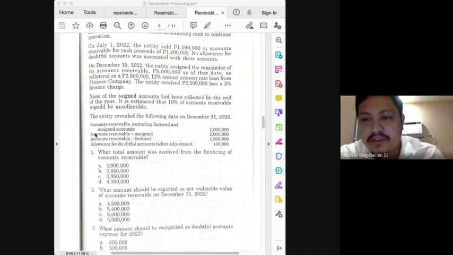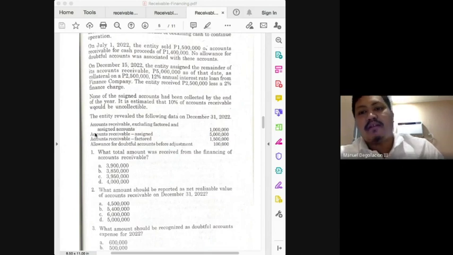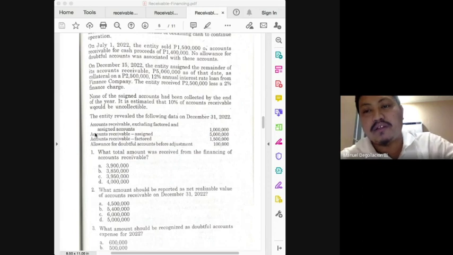Now, are we just going to deduct the allowance of 100,000? No, because the 100,000 there is before adjustment. We will have to use the adjusted accounts receivable. And what does the problem tell us? It is estimated that 10% of accounts receivable would be uncollectible. How much is 10% of our receivables? 10% of 6 million will give us 600,000.